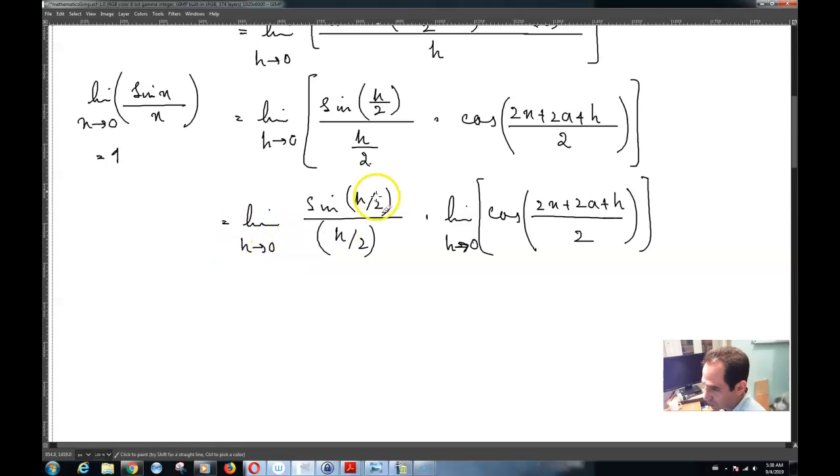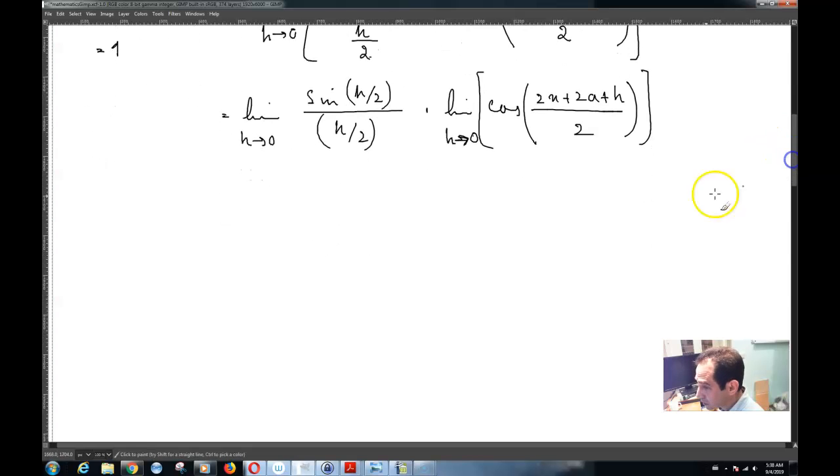If you want to understand this better, let's focus on this part of the limit. Let's take h divided by 2 as y.